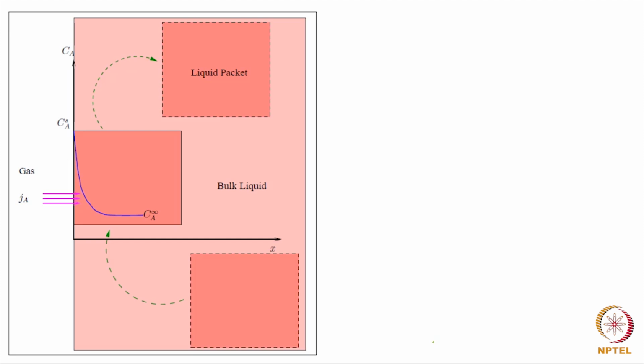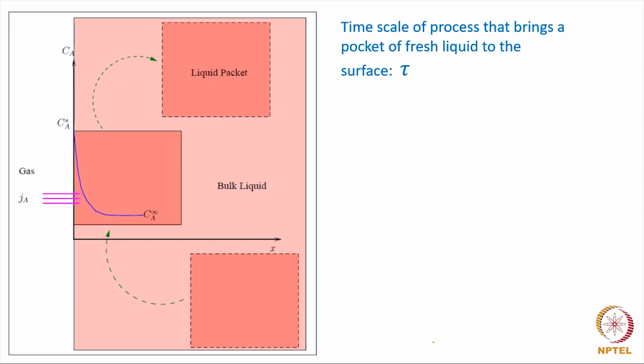In the case of a gas bubble going through the liquid, it is the same thing: as the gas is moving there is a probability that the liquid is coming in contact with the gas. So in such scenarios, there is a particular time scale that is relevant for this interaction, which we call tau.